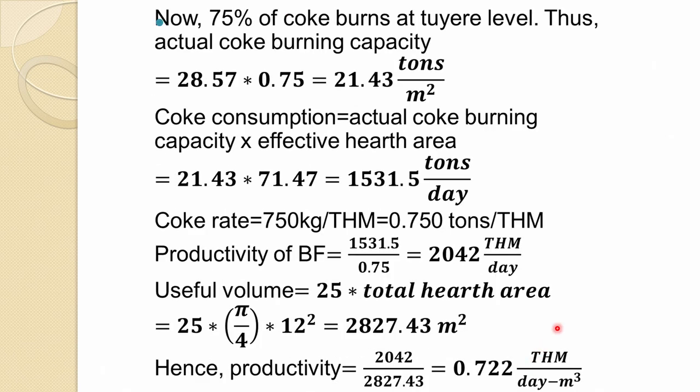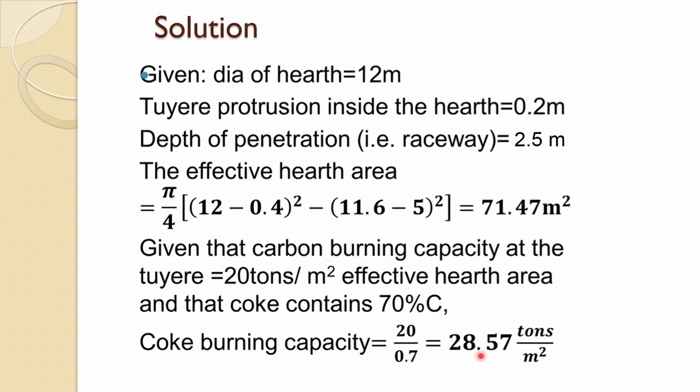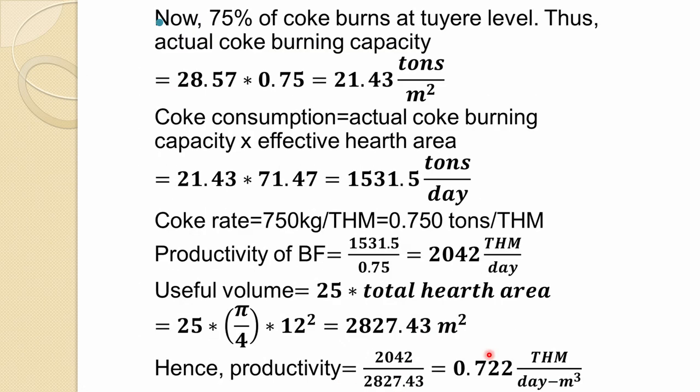And now we have to find out the coke rate actually. Now, 75% of coke burns at the TUR level, which is given again. So, of the total burning capacity we got, only 75% burns. So, actual coke burning capacity is 21.4 tons per meter square.